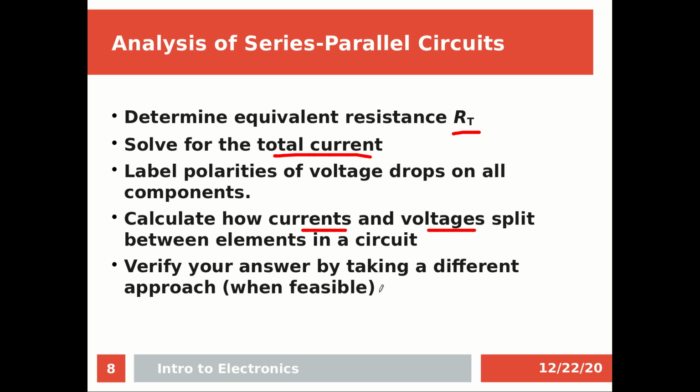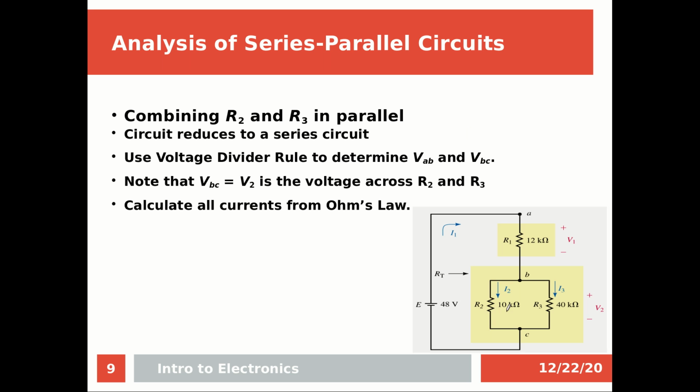So here, for example, I just combined R2 and R3, so I see an equivalent here. This equivalent has the same voltage V2, and the current from this point to this point is still the same, but here there is a current divider. If you remember from the last lecture, the current in R2 is different from R3, and the voltage here is different from the voltage here.